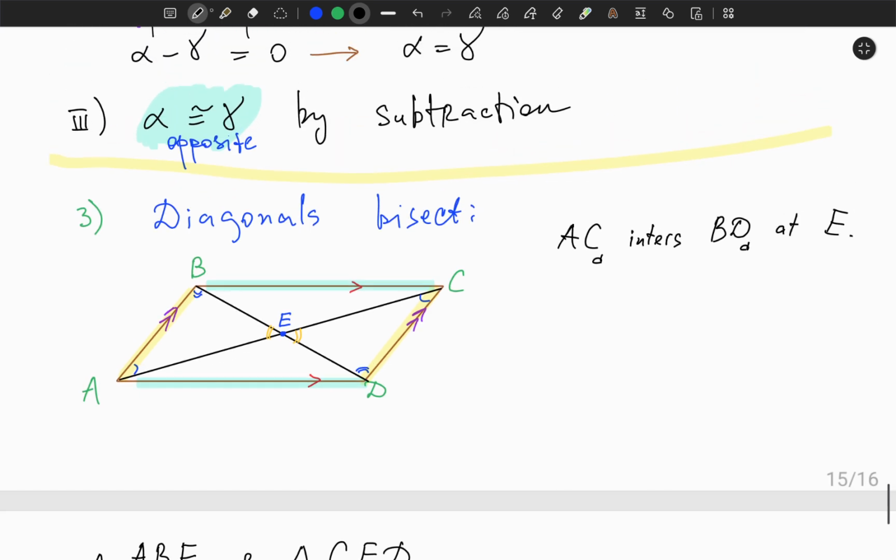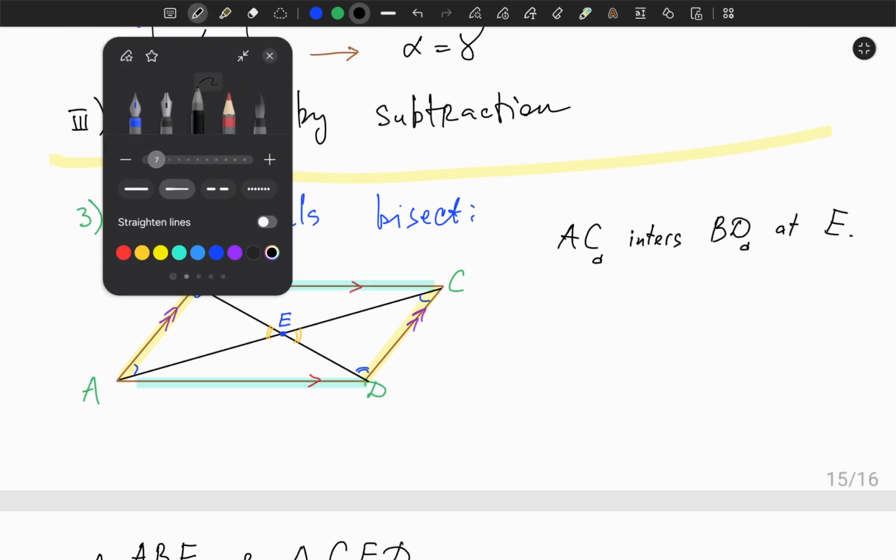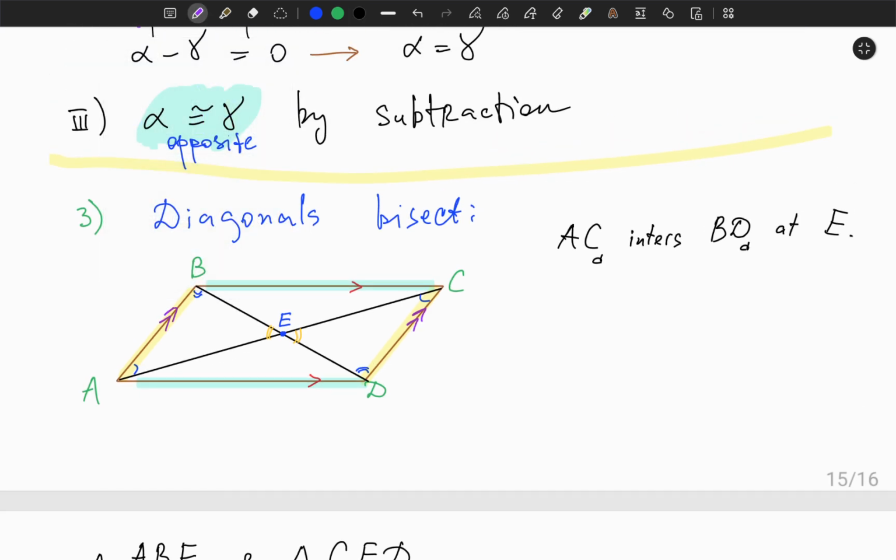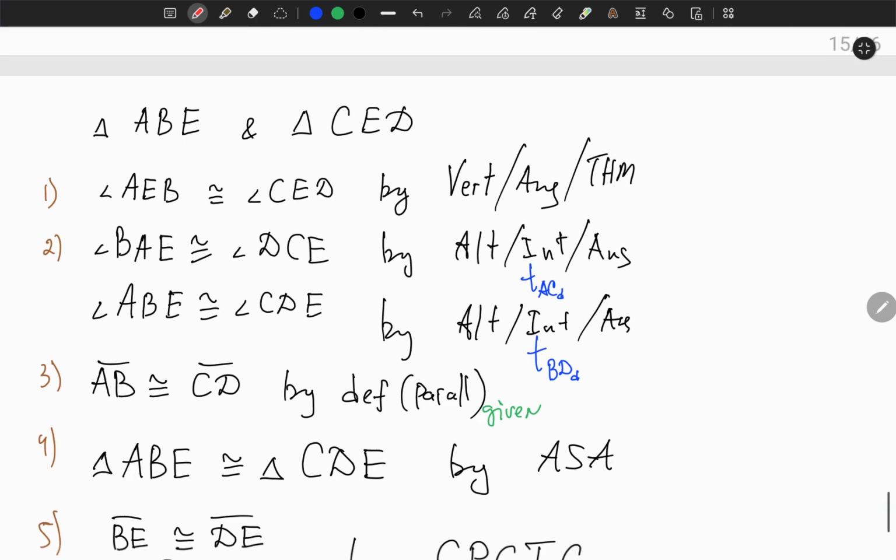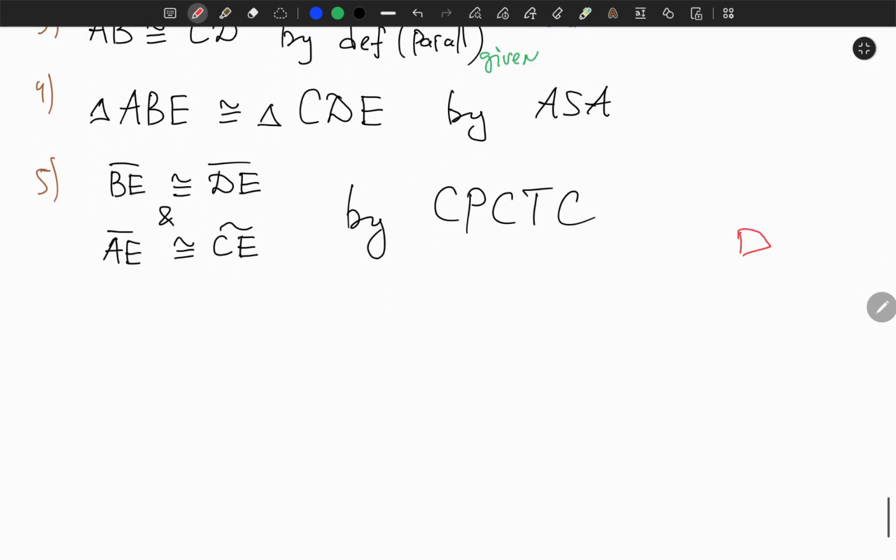Okay, it's done. So we got that the diagonals' intersection bisects them, which means side BE is congruent to side ED, and AE is congruent to EC. Okay. Thank you very much.